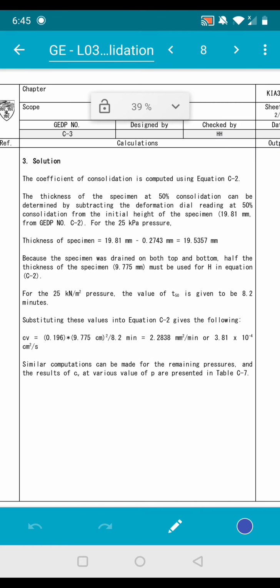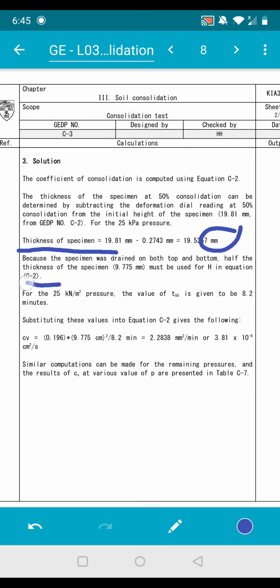To start off, you need to know your thickness of specimen. So please calculate this accordingly, take care of the units. Now, the unique feature here is that because the specimen was drained on both top and bottom, half the thickness of the specimen must be used for H in equation C2.